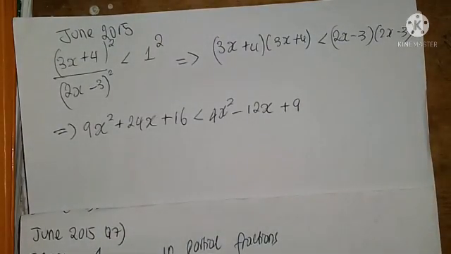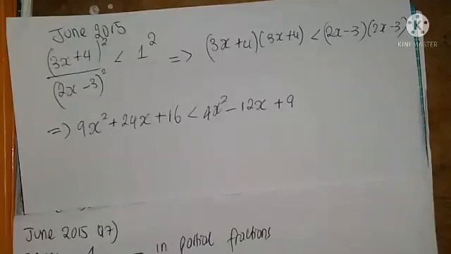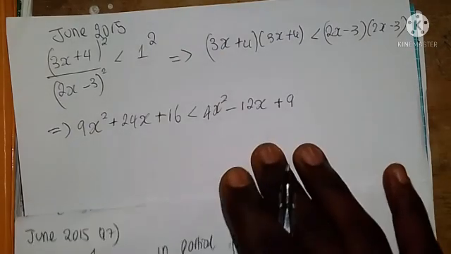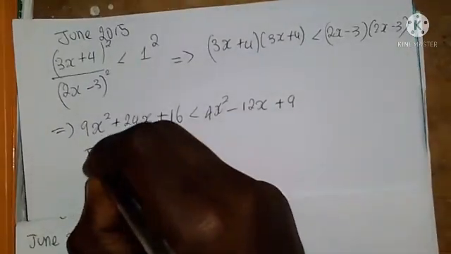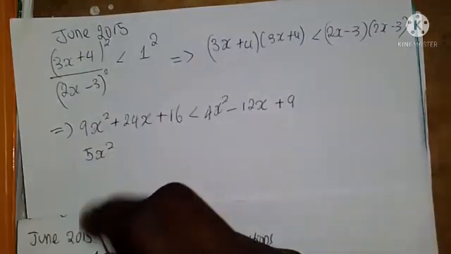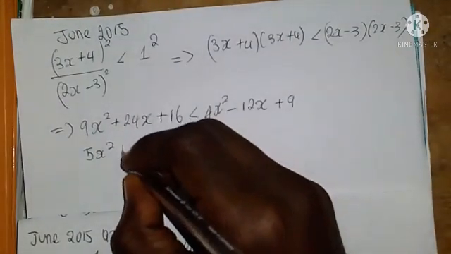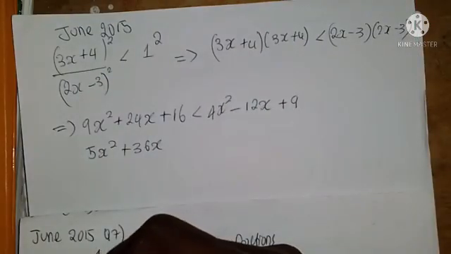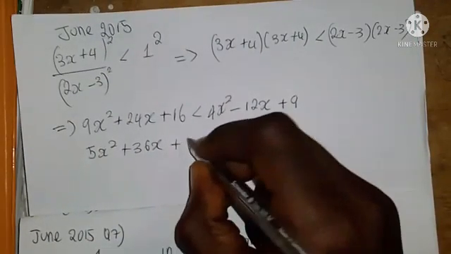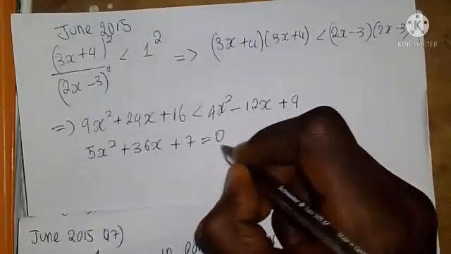Now bringing the like terms together, taking the values from the right hand side to the left hand side, we have 5x squared plus 36x plus 7 less than 0.